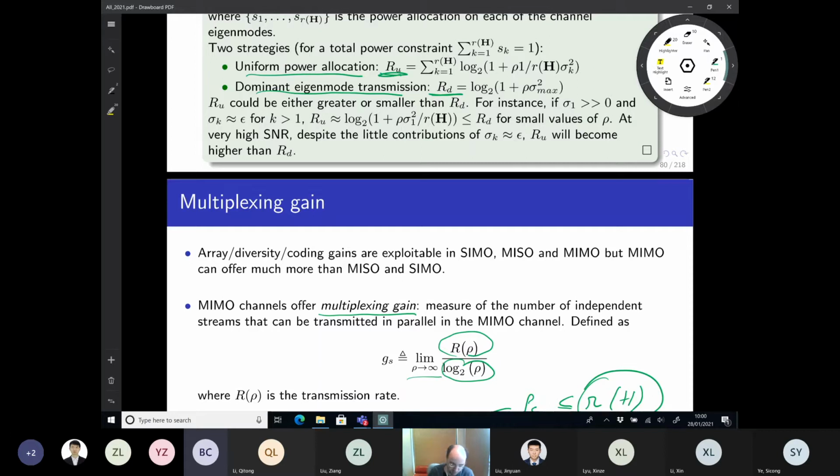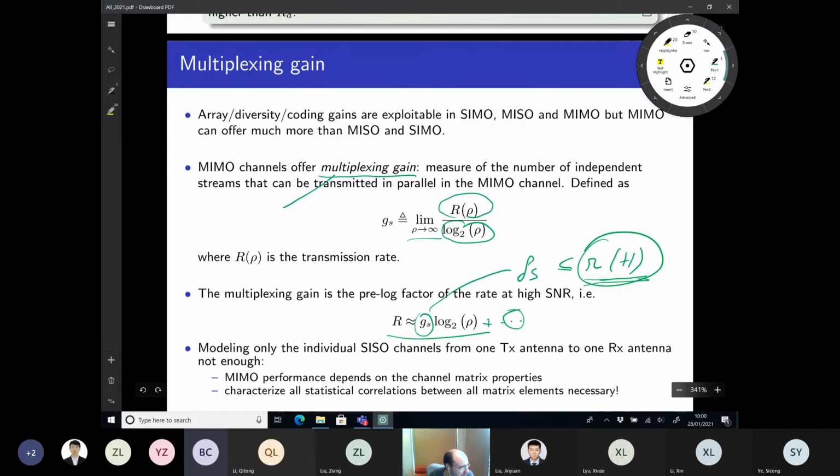If you read papers or the book, I use multiplexing gain, but sometimes I use DOF also. So this is also called degrees of freedom, or DOF, right?